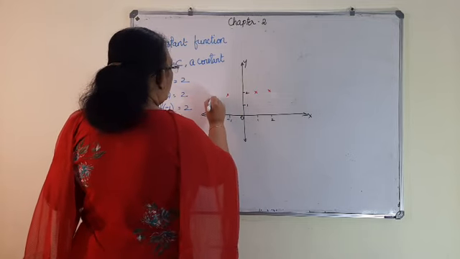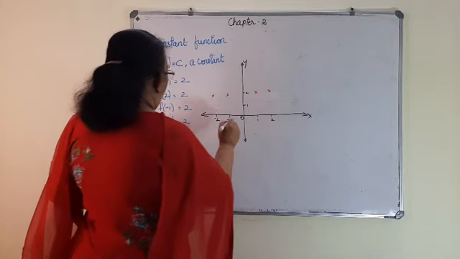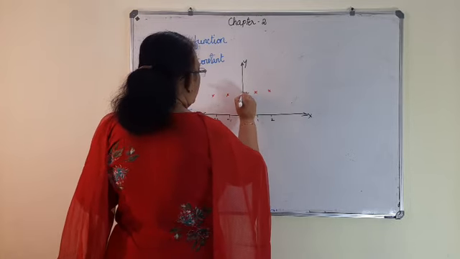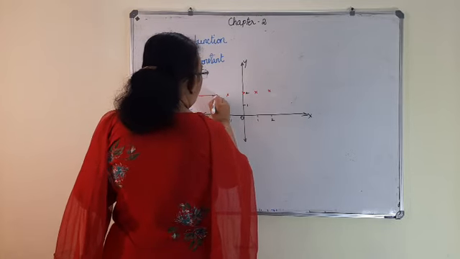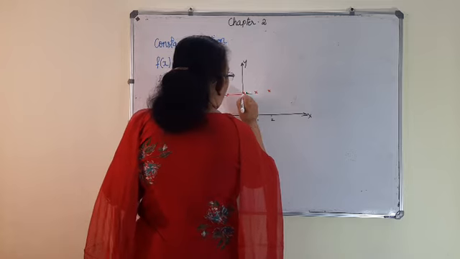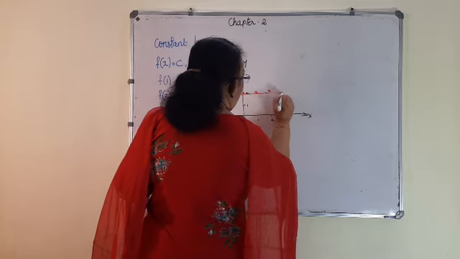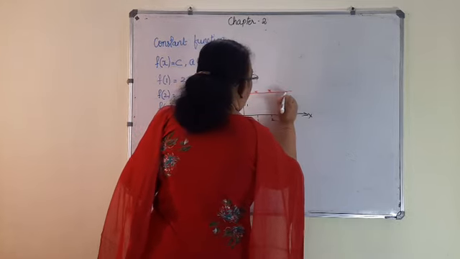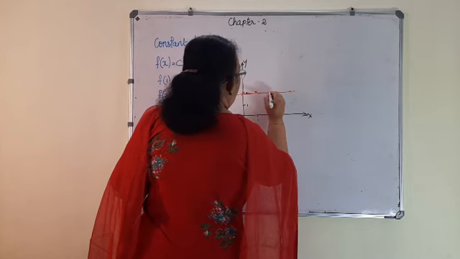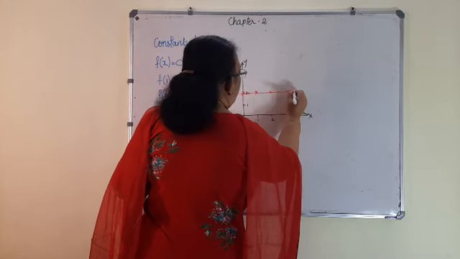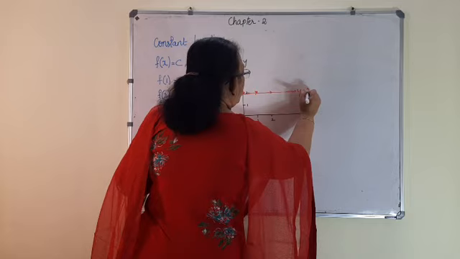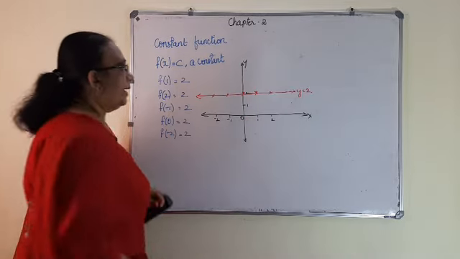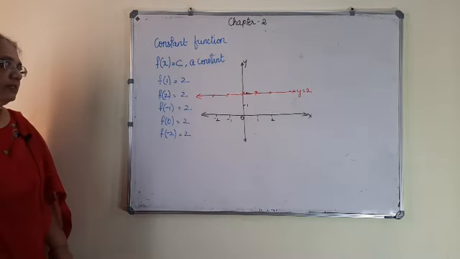F of minus 2 is equal to 2. F of 0 is equal to 2. That means the graph is y is equal to 2, a straight line parallel to the x-axis.